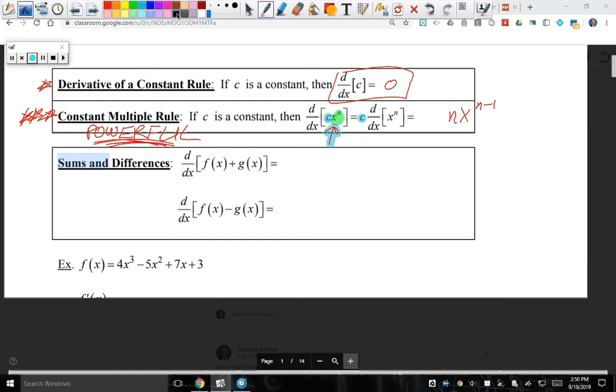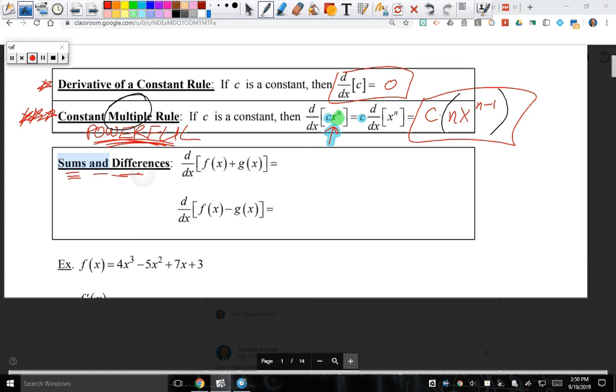And guess what we're going to do at the very end with that c? We're going to multiply it back in. So it's almost like it's not part of that derivative process. Just the things that are with the variable are part of the derivative process, and then you multiply that constant back in. Cool? All right.